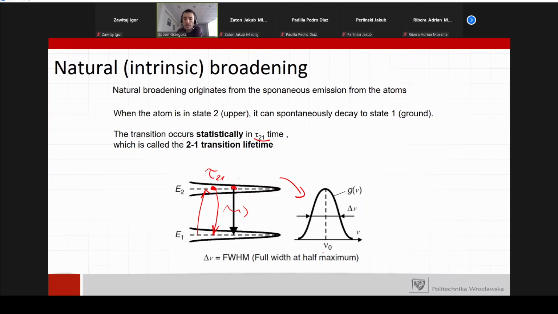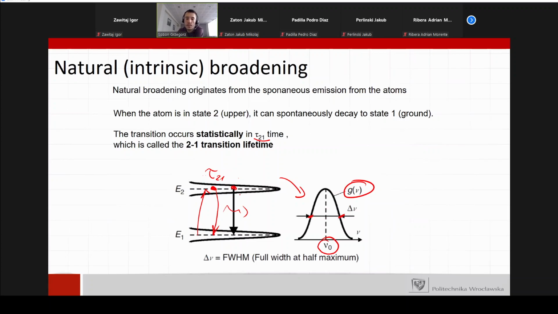So we will have a central wavelength, central frequency here, but the distribution of the spectrum of these photons will be described by a function here, g, which will have some width.